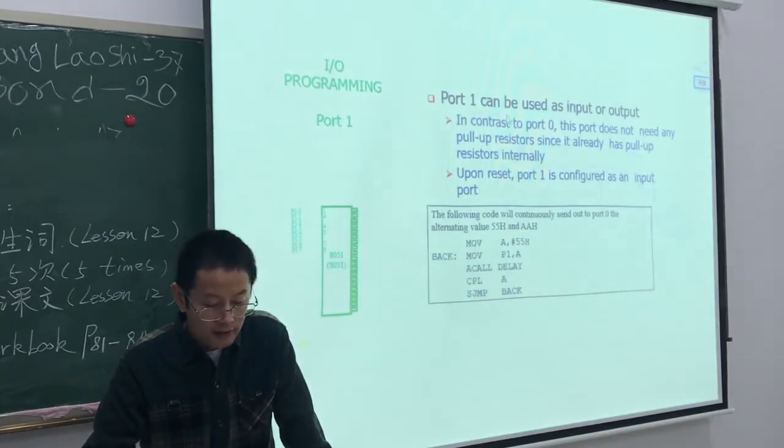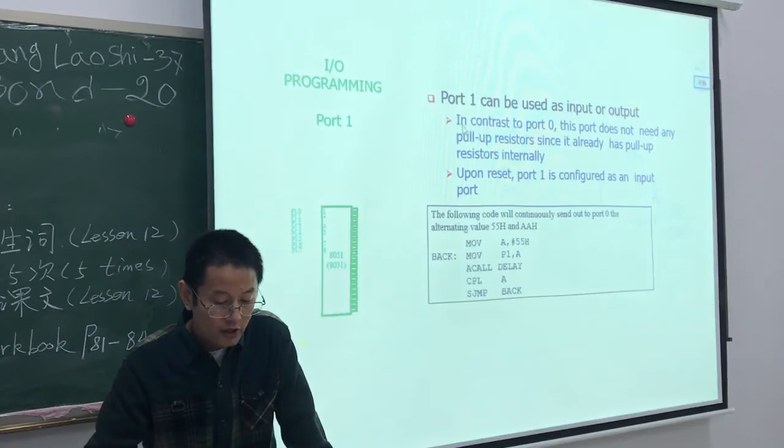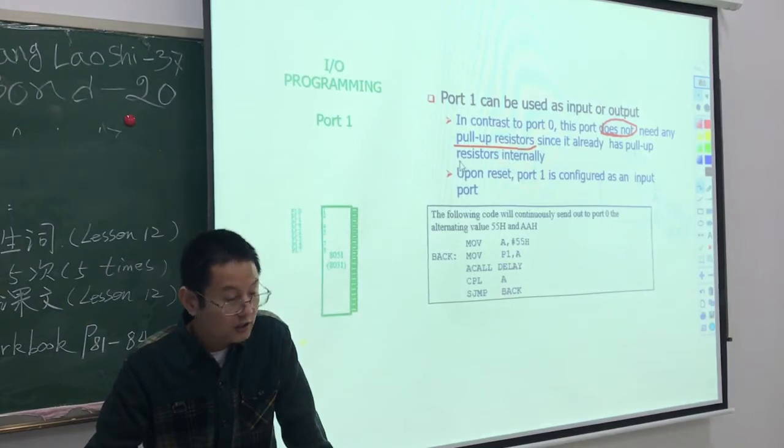Port 1 can be used as an input or output. In contrast to port 0, the port does not need any pull-up resistor, since it already has a pull-up resistor internally.